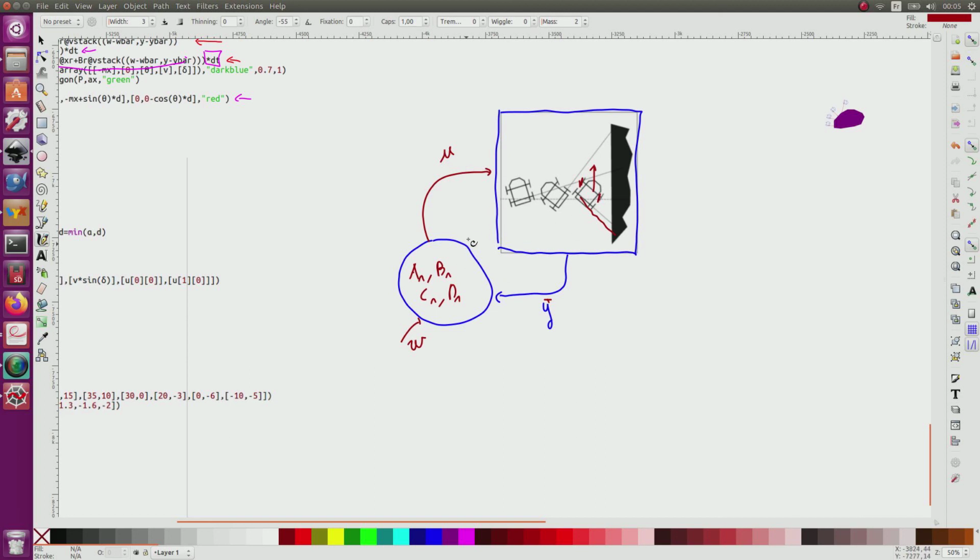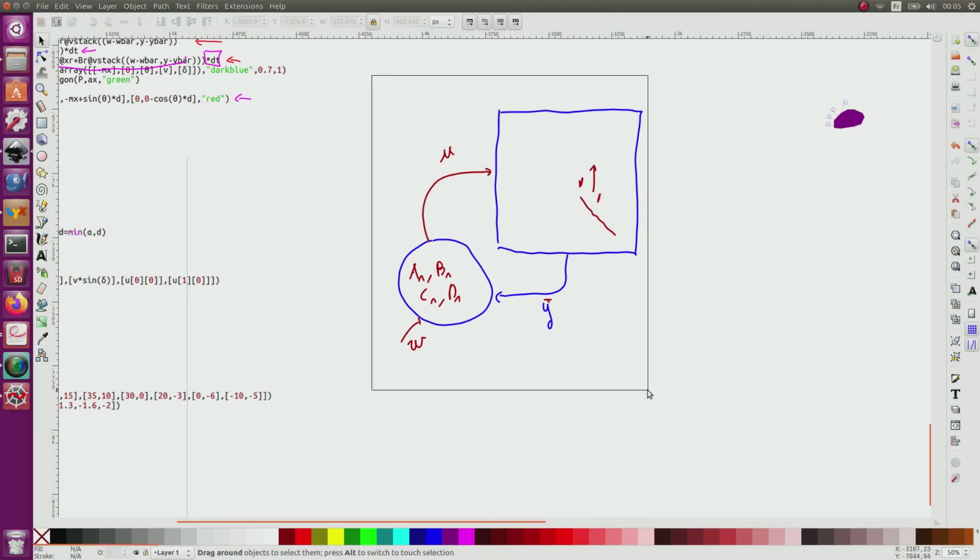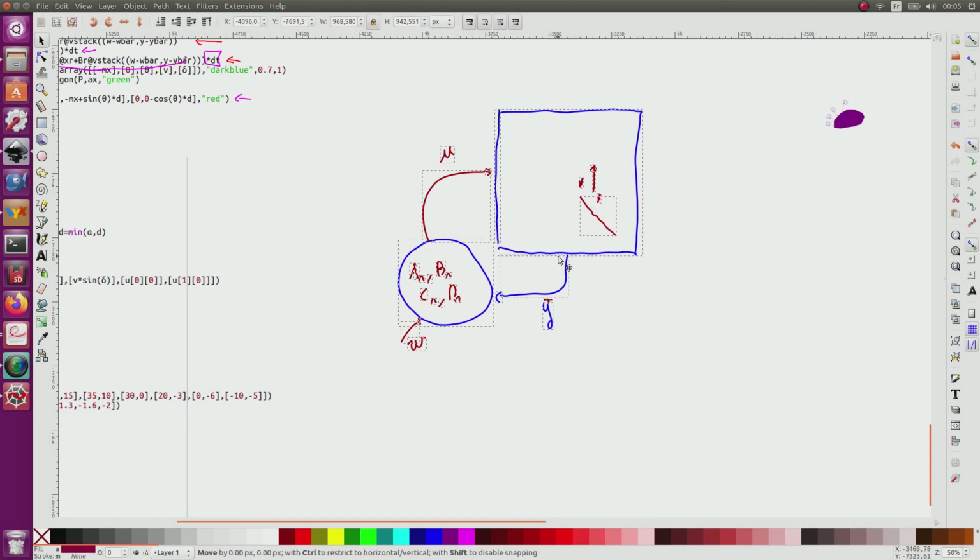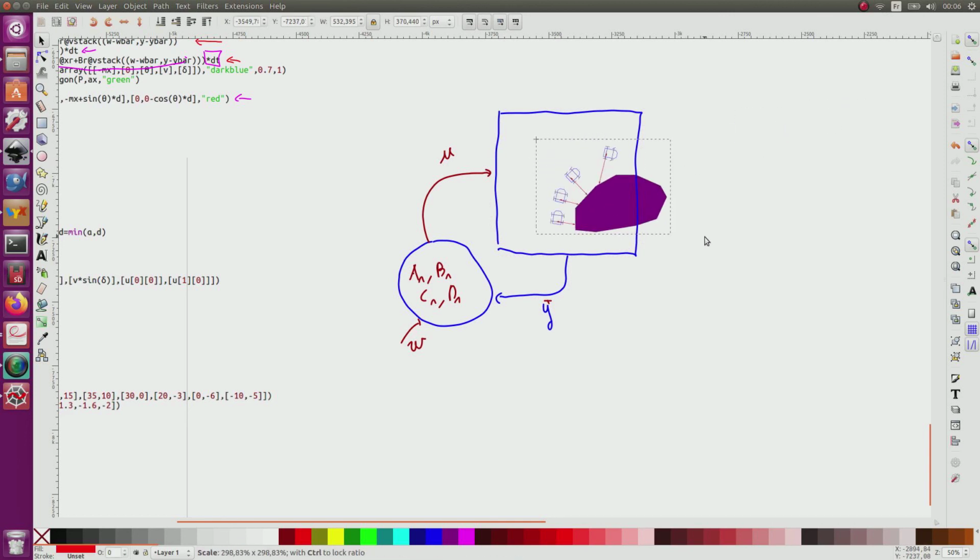And all this world is almost linear, but it is not the true one. So now what I will do, I will remove this linear world. I will take my controller and I will put it in my car in the real world, like this.